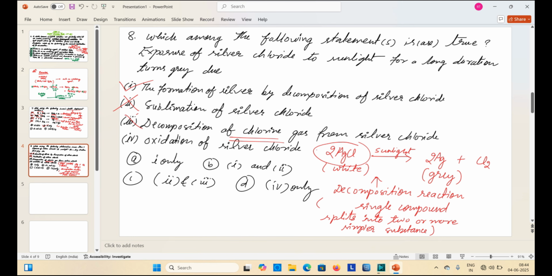So it's wrong. Fourth, oxidation of silver chloride. No, there isn't any oxidation taking place here, so it's also wrong. The correct answer of this question is A, first only.